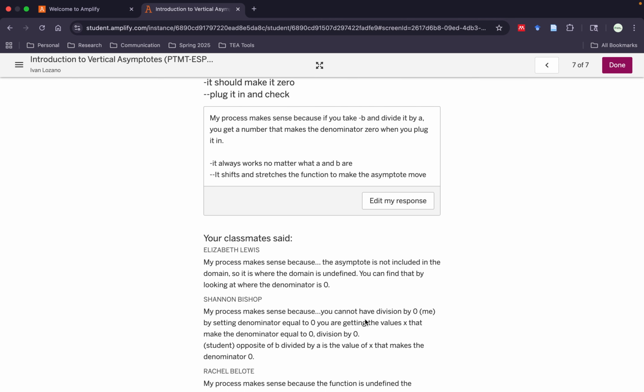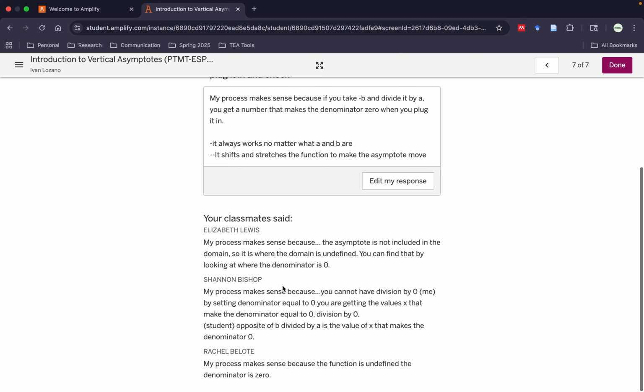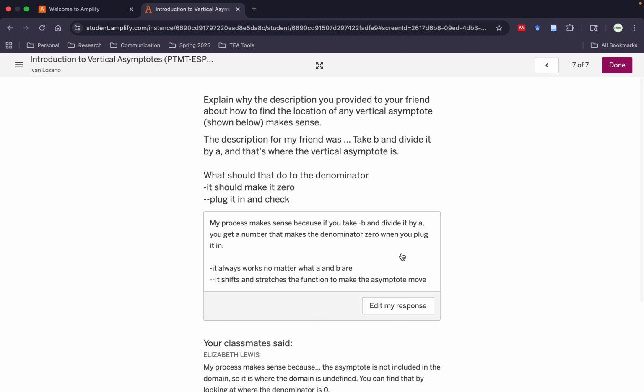Why are these guys talking about the graph? No, never mind. I'm crazy. Yeah. Okay.